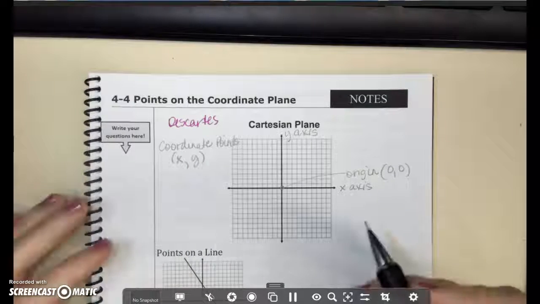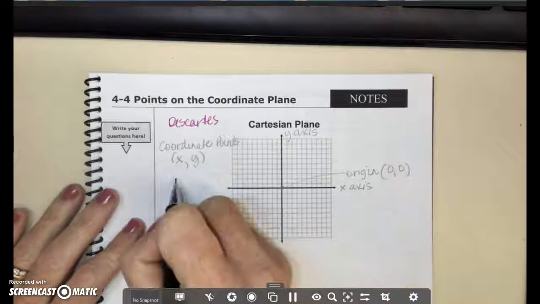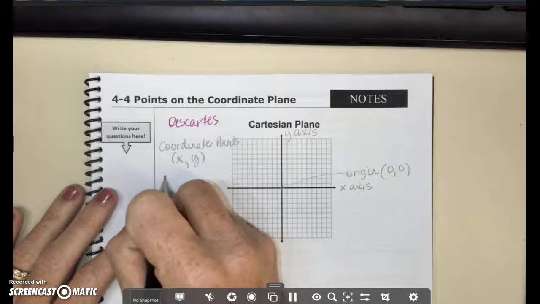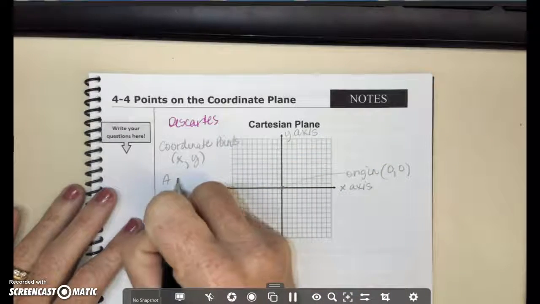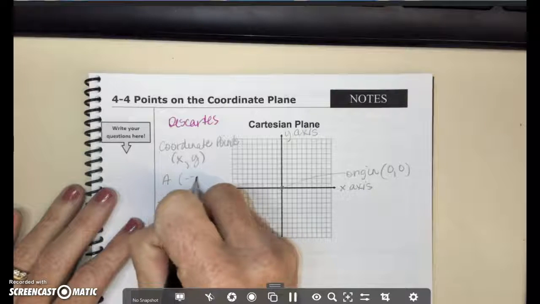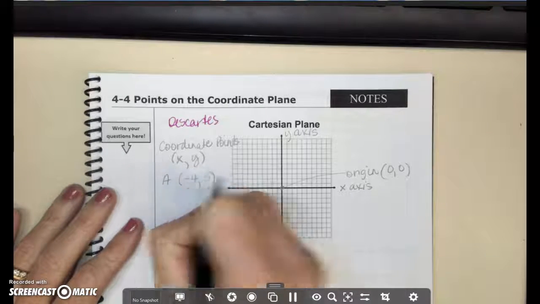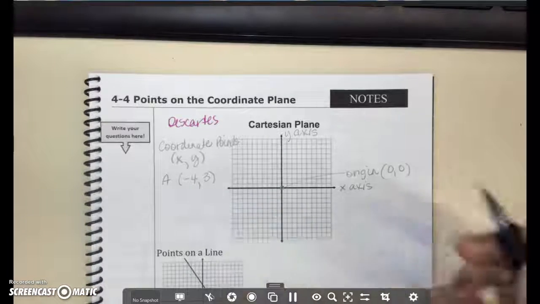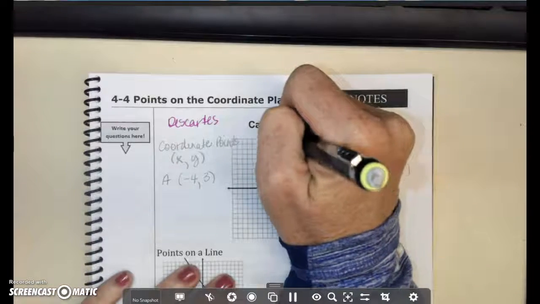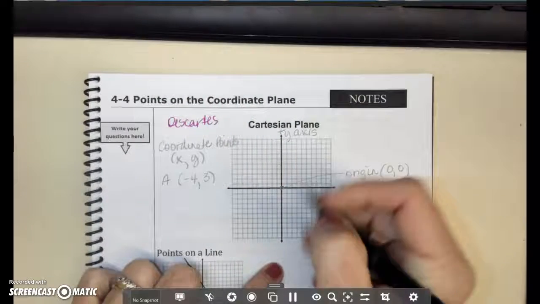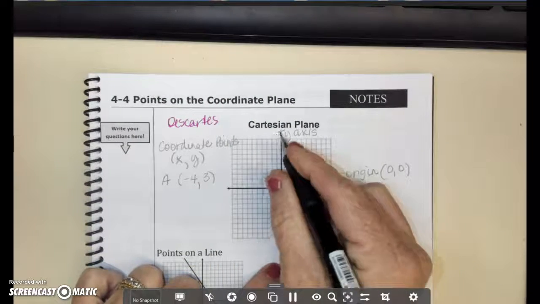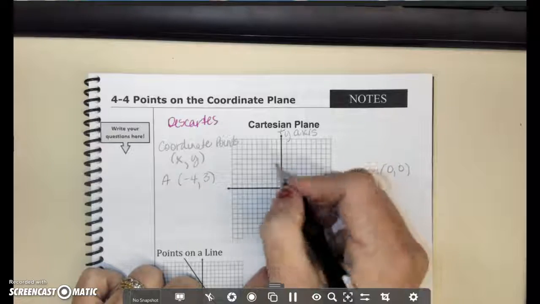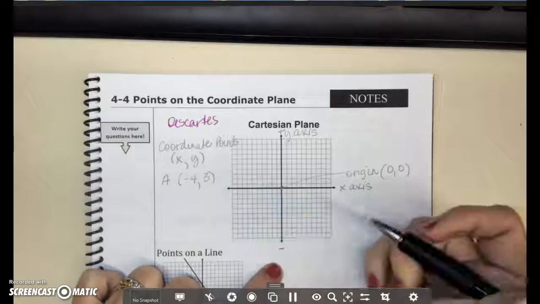So let's do a few different versions of that. So let's say we have point A, and we've got, let's say -4, +3. So I'm going to always start at the origin. Let me do this. So this is positive. We know from our vertical number line, going up is positive, increasing is positive, decreasing is negative.